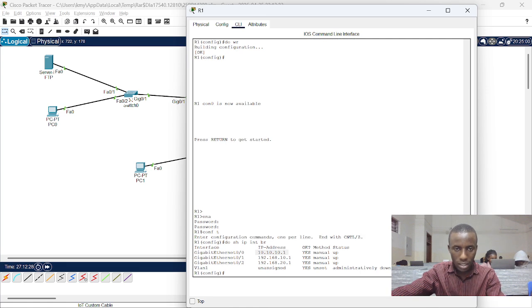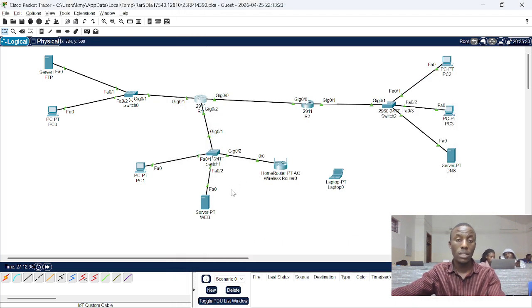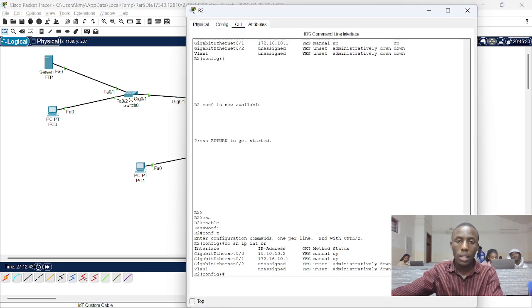We see that in Router 1, gig 0/0 has this default gateway, the second is this, the third is this. So this means that each port of the router has a default gateway, which can be used by other devices connected to it. And even the second router, R2, has default gateways.